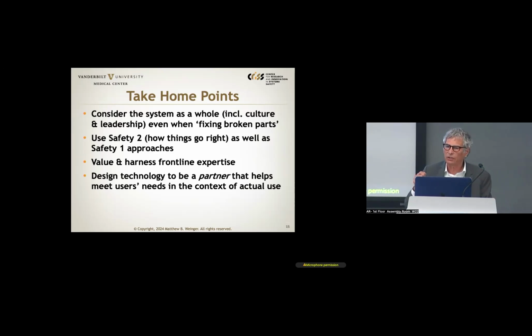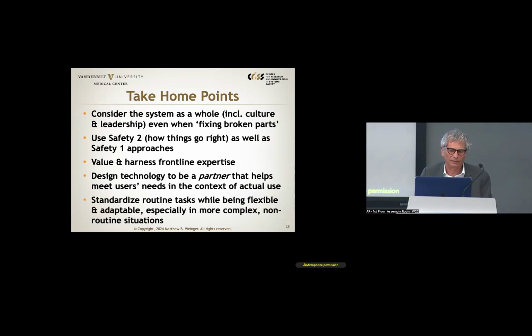Design technology so it's a well-communicating partner that helps meet users' needs during actual use, which means the engineers can't be the only ones to build something. They can't be running the asylum, as a well-known book talks about.